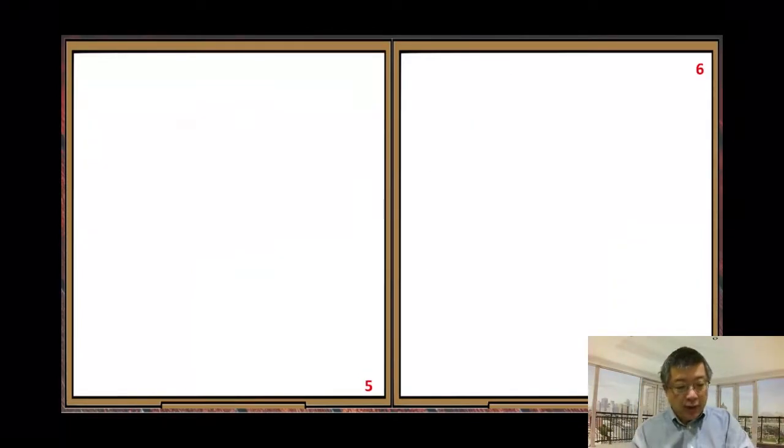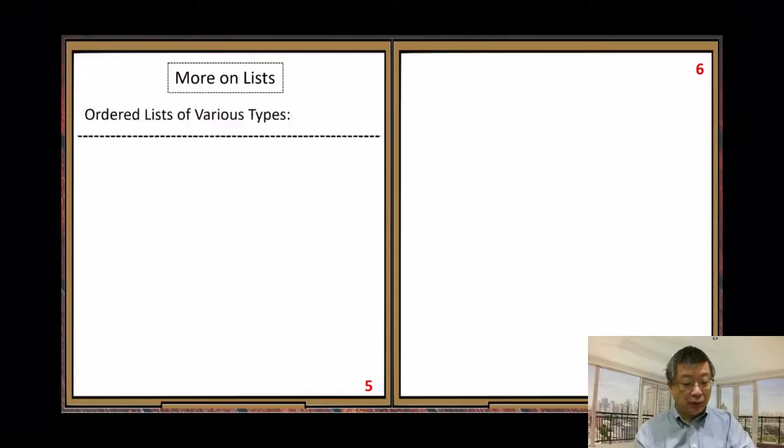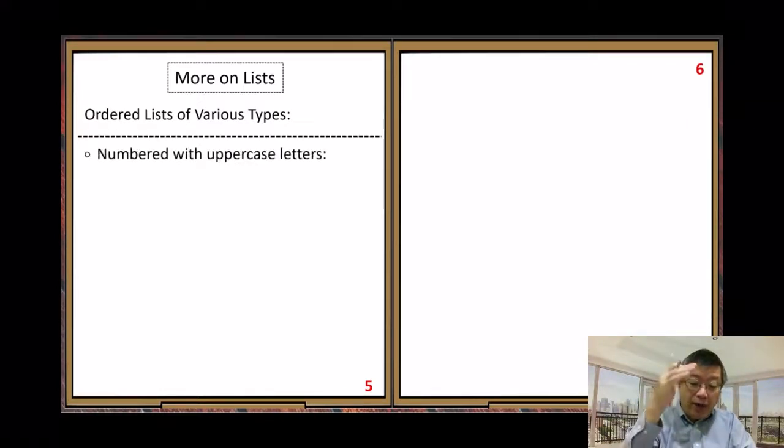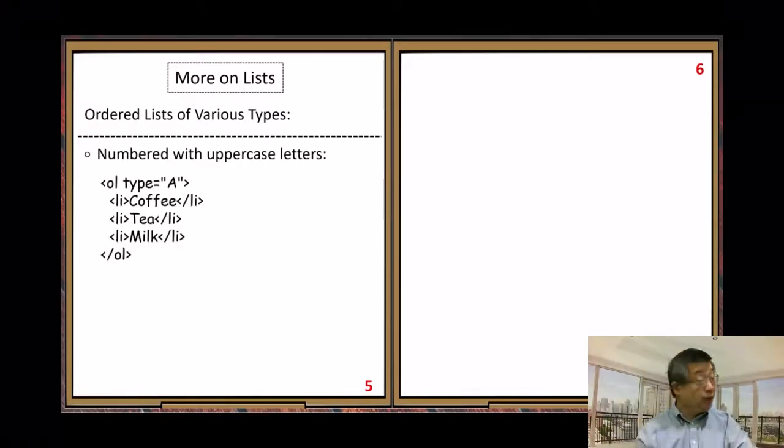Next, let me show you several ways to display different types of ordered lists. First, numbering with uppercase letters, A, B, C, D. Sometimes we want to do that.